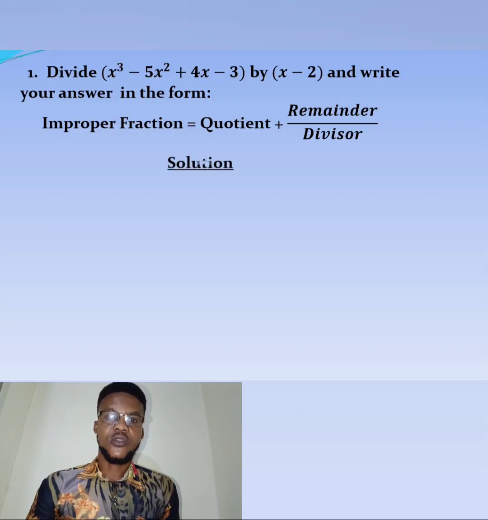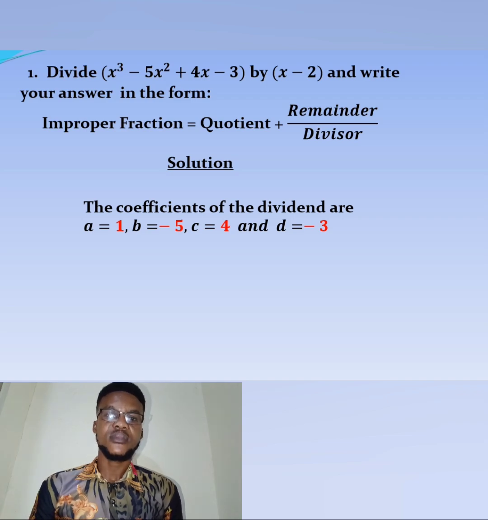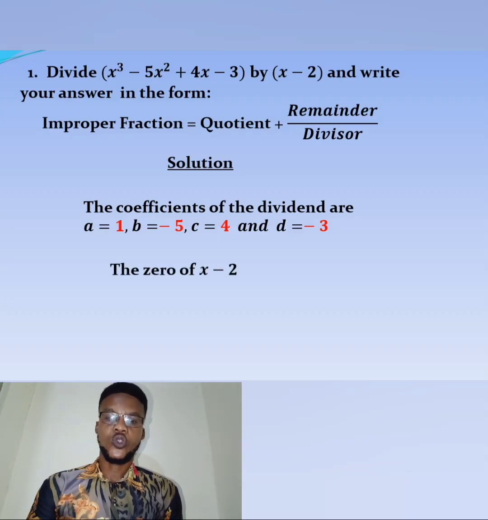So let's identify our coefficients. Our coefficient of x cubed is equal to what? 1. The coefficient of x squared is what? -5. And the coefficient of x is what? 4. And then the constant, which is d, gives us what? -3.